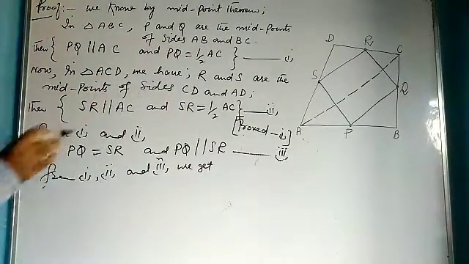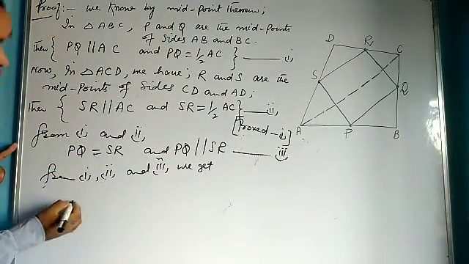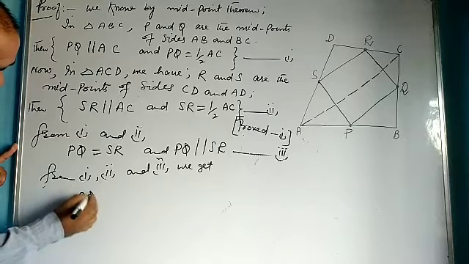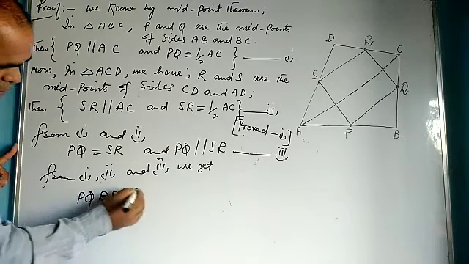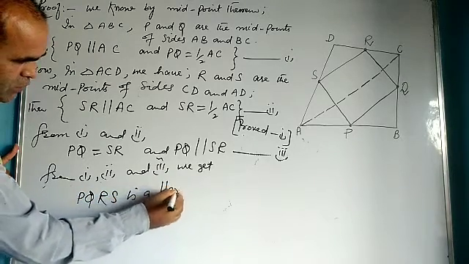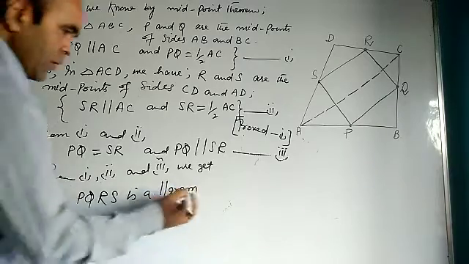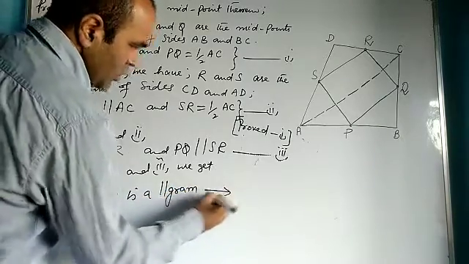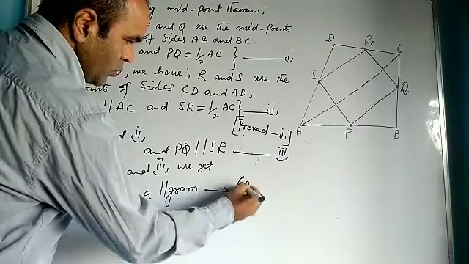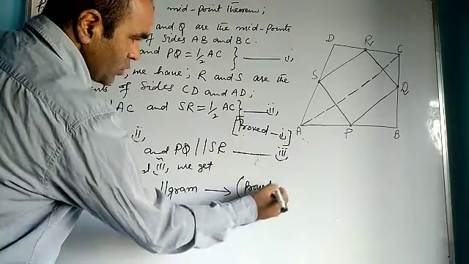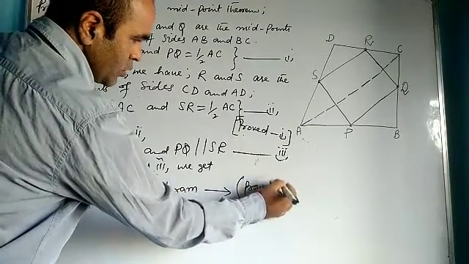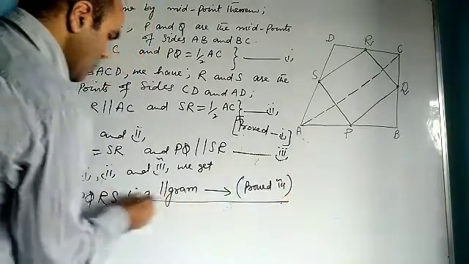Therefore, from first, second and third, this PQRS is a parallelogram. So we proved the third.